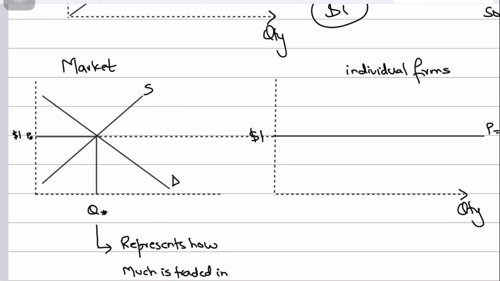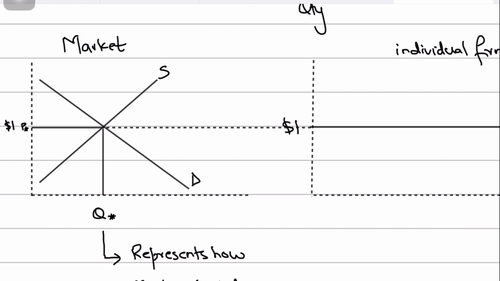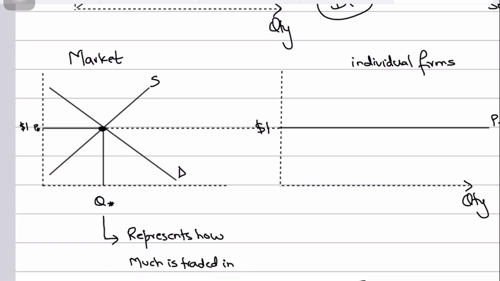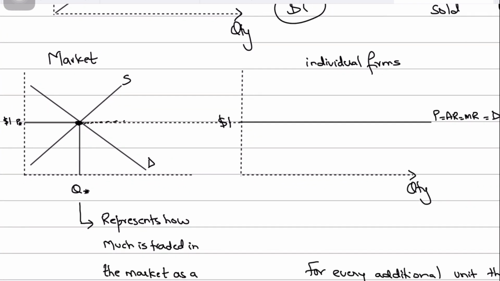And you see, the demand curve for a perfectly competitive market is downward sloping. The demand curve is downward sloping for that entire market, for all the firms in that industry. And this equilibrium point is representing the market price. So this is the price at which the firms will sell.